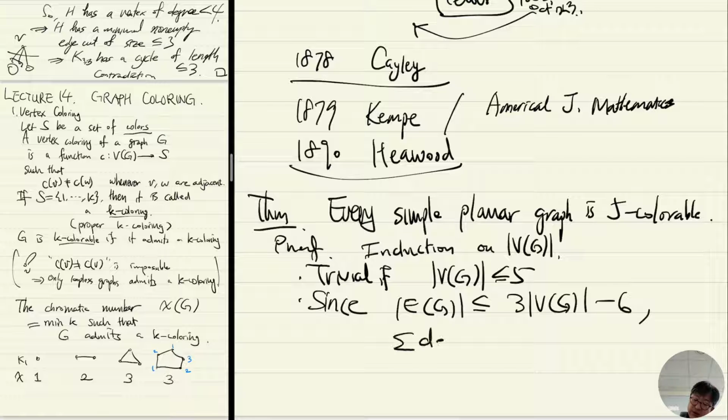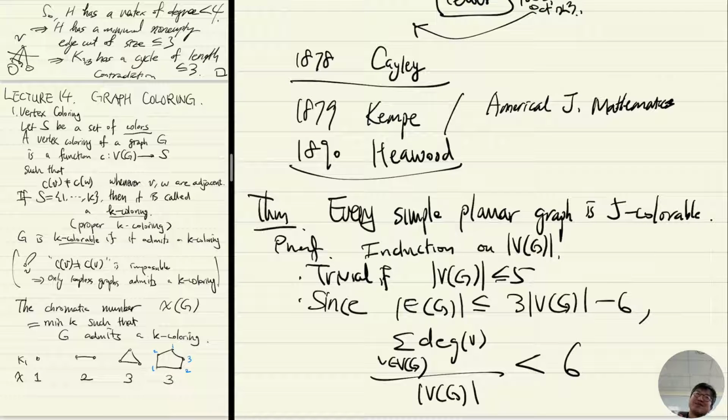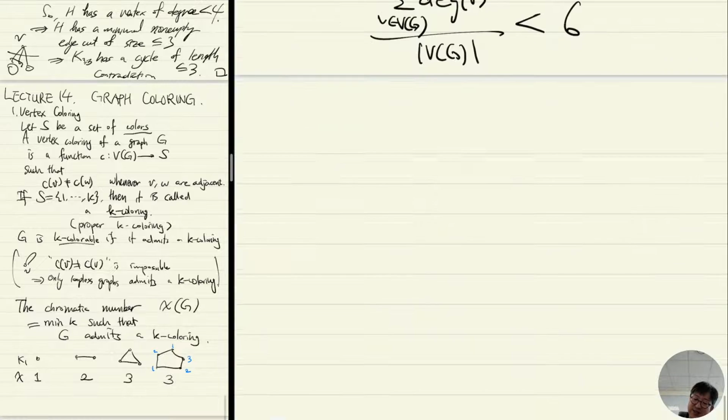So the sum of the degrees of the vertices in a planar graph divided by the number of vertices is less than 6, because the sum of degrees is twice the number of edges, and twice the number of edges is at most 6 times the number of vertices minus 12. So it's less than 6.